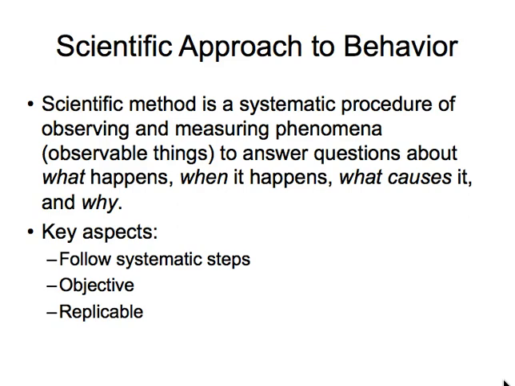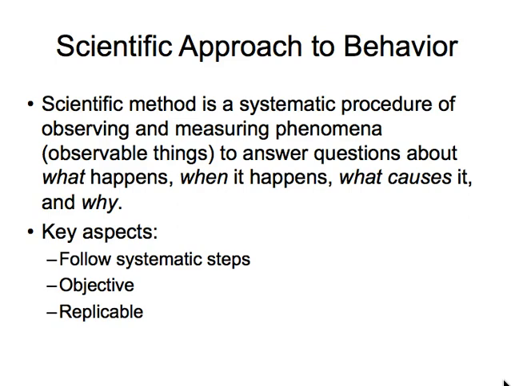There are three key aspects of the scientific method. First, the scientific method requires that psychologists follow several carefully planned, systematic steps. Second, the processes that psychologists use in the scientific method must be objective, that is, free from bias.